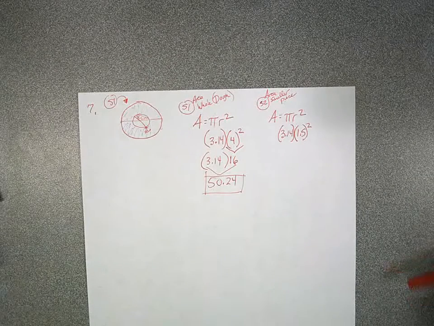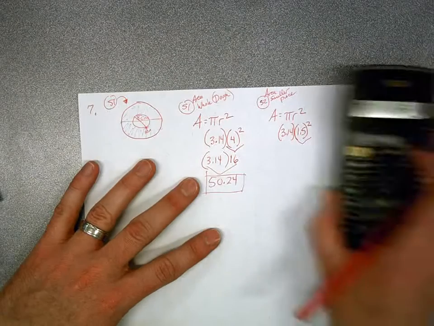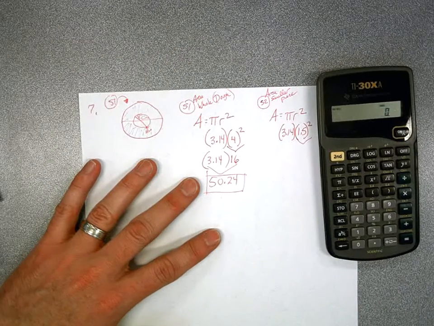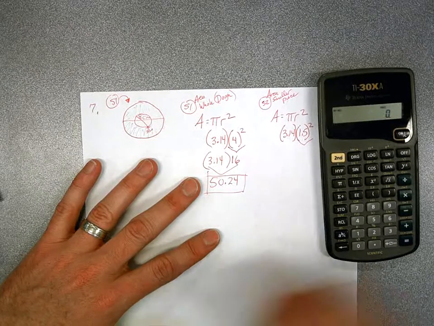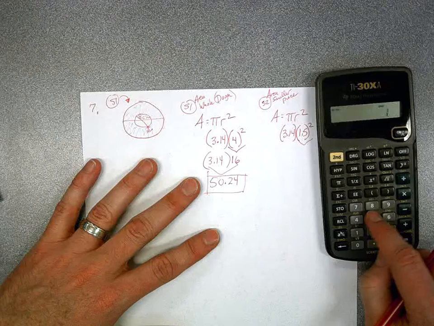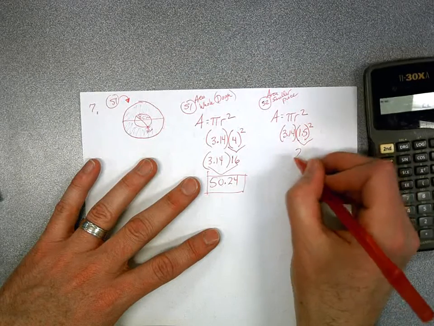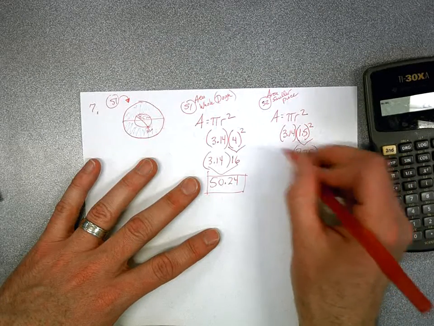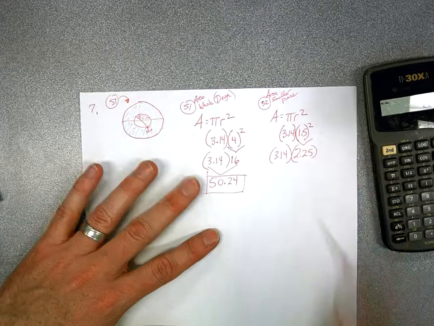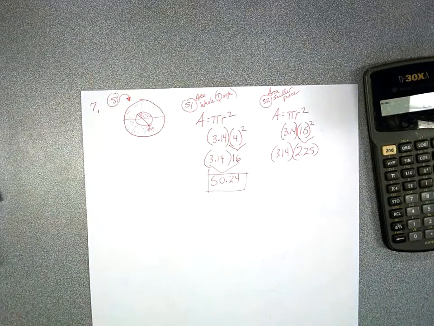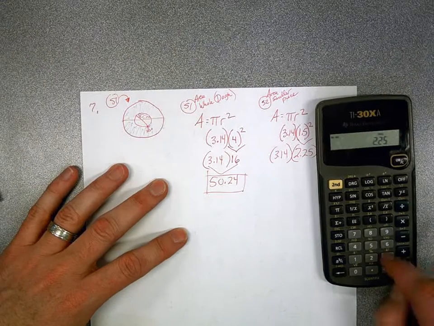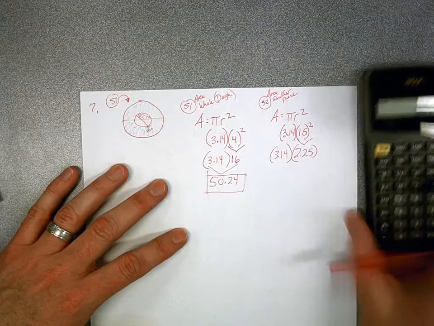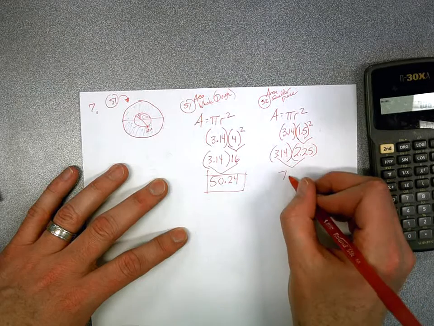Now I simplify by plugging in 1.5 squared, and I get 2.25. And then I'm going to go ahead and multiply these two. 3.14 times 2.25, and I get 7.065.